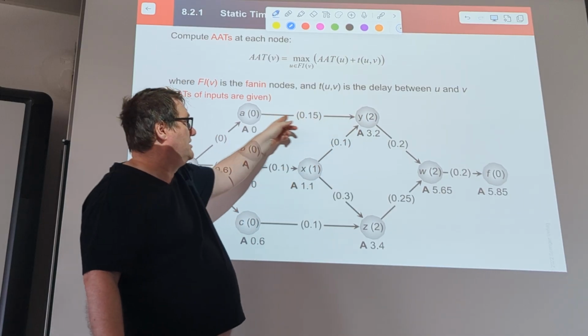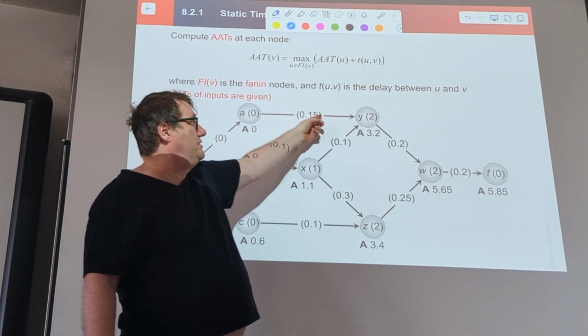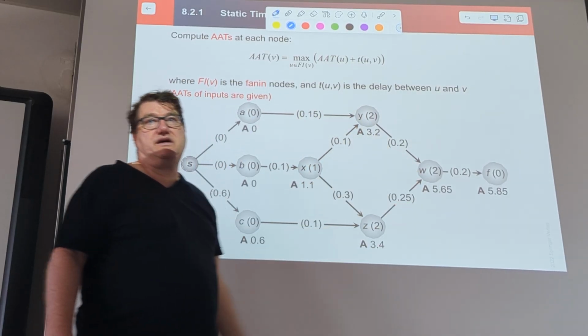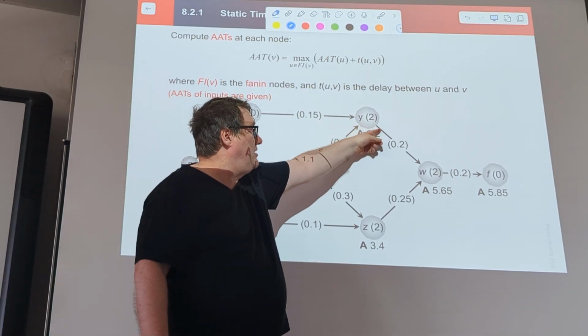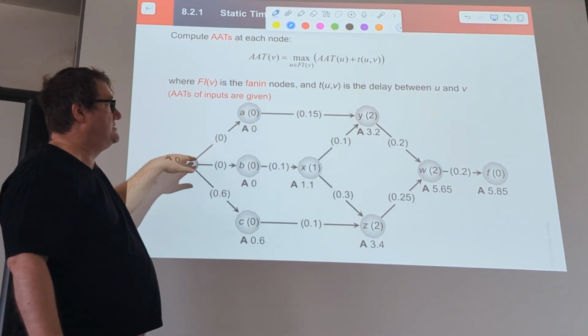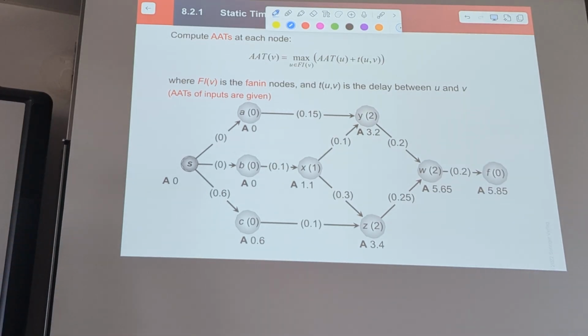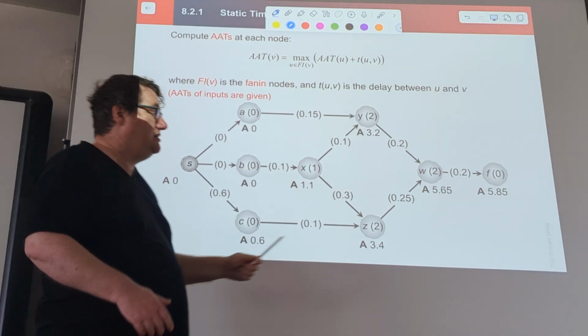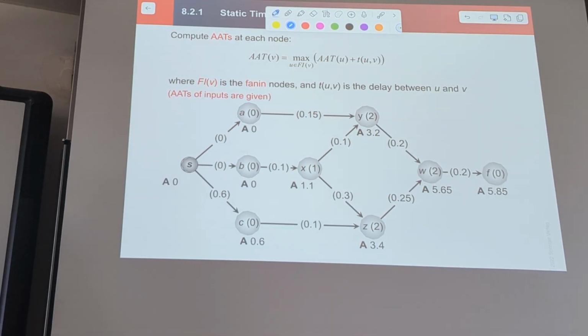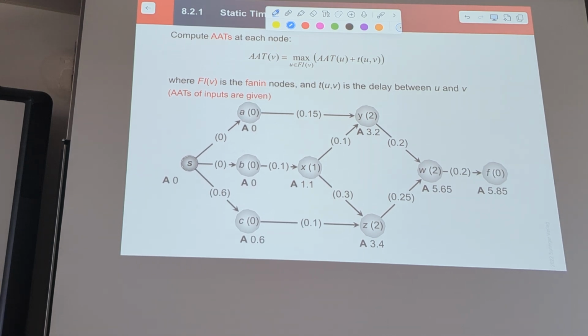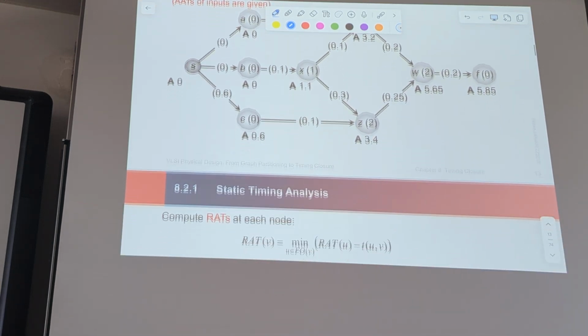So you kind of kick out this path here from anything that's going further. So here, from here on, this path is ignored for the following part, because the only thing you want to know in the end is what is your latest arrival time on your circuit. So that's how they do it.